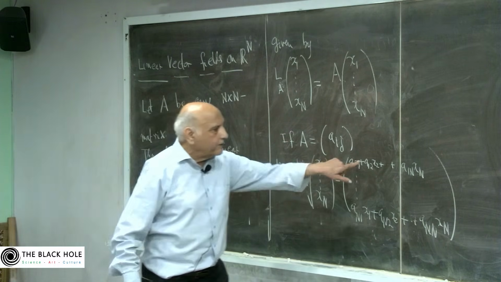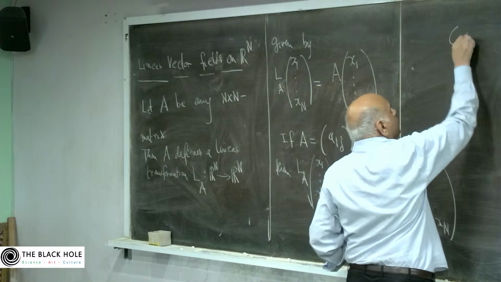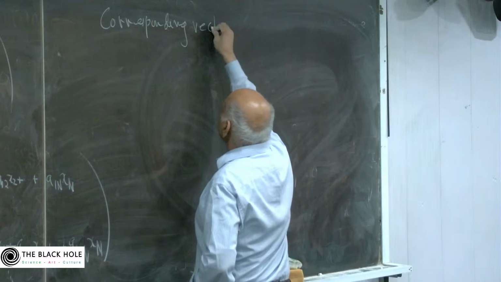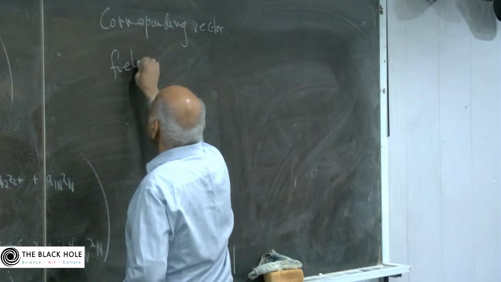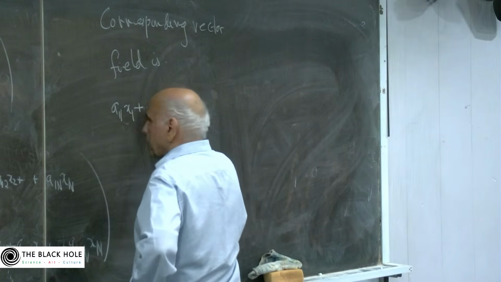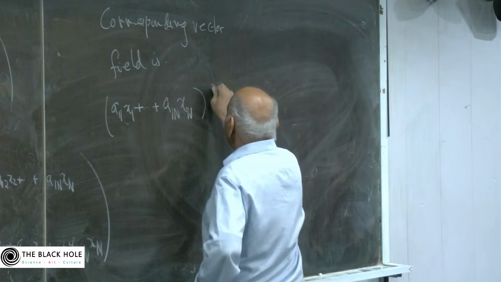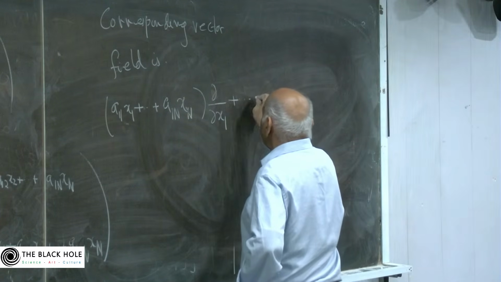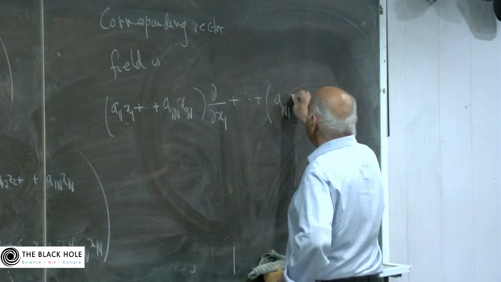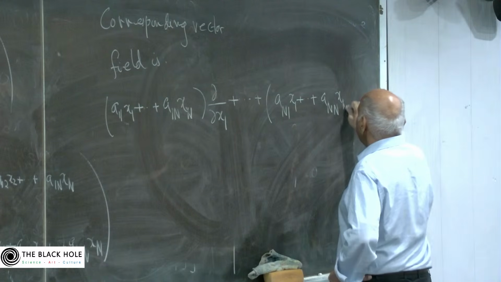You just put partial by partial x1 here, and for the next one, so the corresponding vector field is (a11 x1 plus up to a1n xn) partial by partial x1, and the last one will be plus (an1 x1 plus up to ann xn) partial by partial xn.